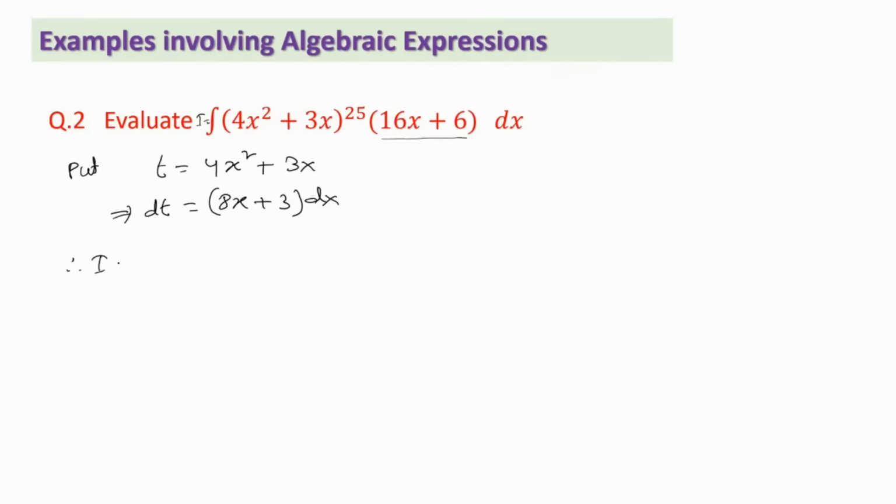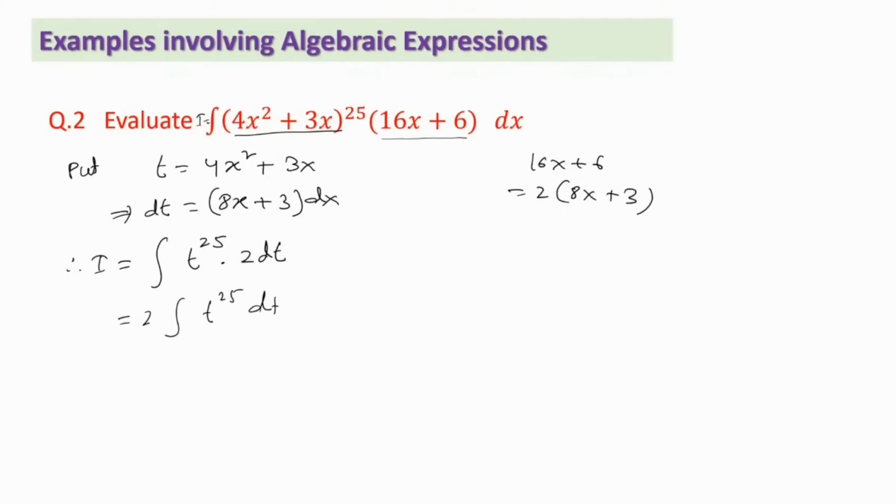So I is equal to, substituting 4x squared plus 3x as t, t to the power 25. Now 16x plus 6 can be written as 2 times (8x plus 3), and (8x plus 3) dx is dt. So it becomes 2 t to the power 25 dt.